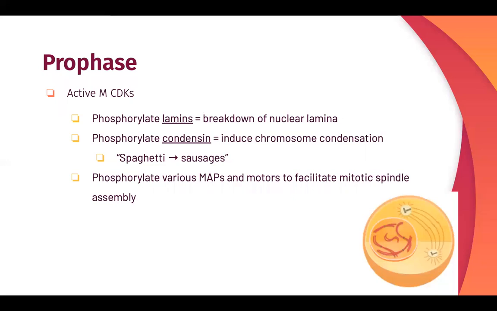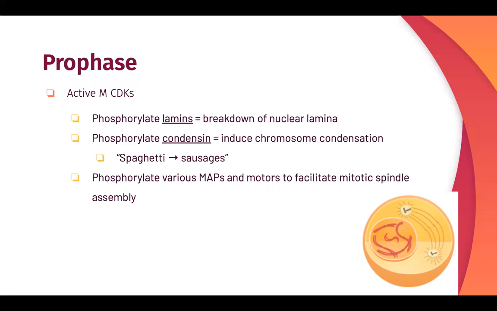Going into prophase first, this is when you have your active MCDKs. So before, CDC25 took off the inhibitory phosphate, now your cell's in M phase, and so you have active MCDKs. Active MCDKs do mainly three different things that are important to know.